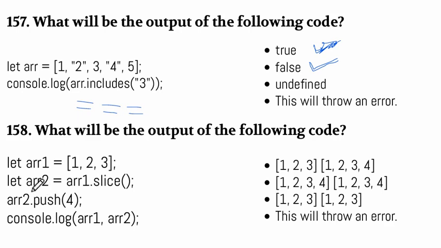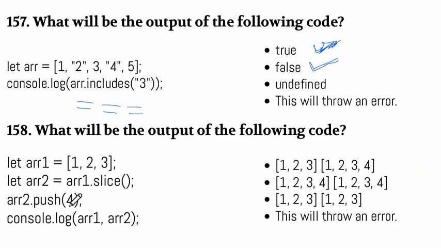Another question: we have given an array with 3 values, 1, 2 and 3, and in another line we have declared another variable with the name array2, and inside that we are slicing. We have used the slice method on array1 without giving any value, so it won't affect anything. Nothing will happen to array1, just because we haven't given any slice value inside that.